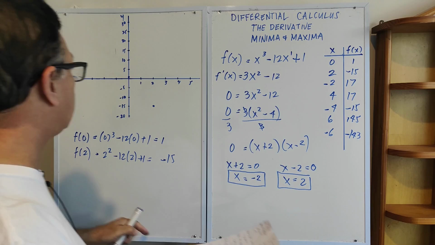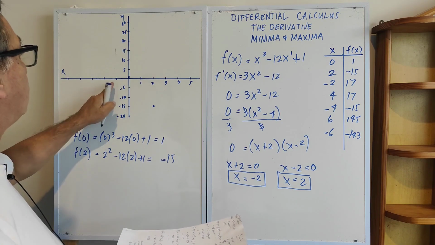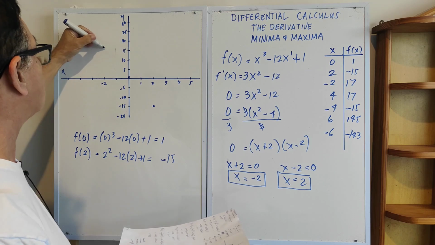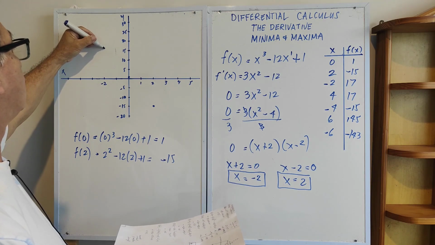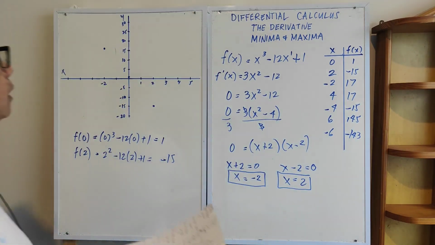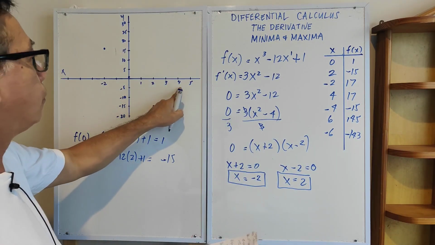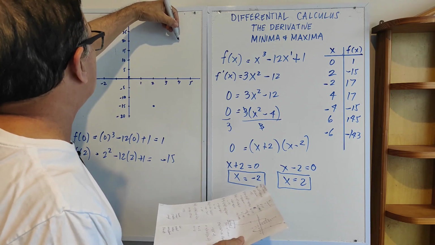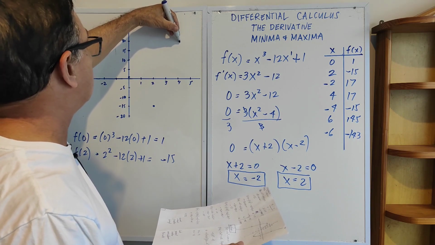Negative 2 and 17 is around here. 4 and 17, so 1, 2, 3, 4, and then 17, less than 20, is around here.